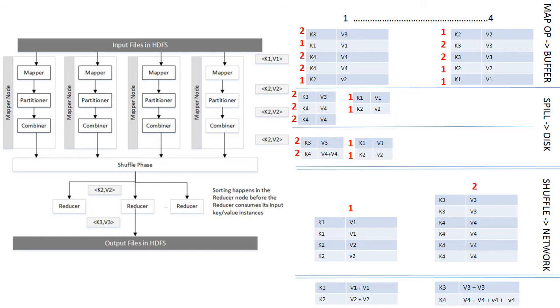So where do those key value pairs go? They stay in the memory buffer. But you need the memory buffer for other things, like all the other Hadoop daemons that are running on the cluster. So you only get to use about 80% of the memory buffer for the mapper operation.